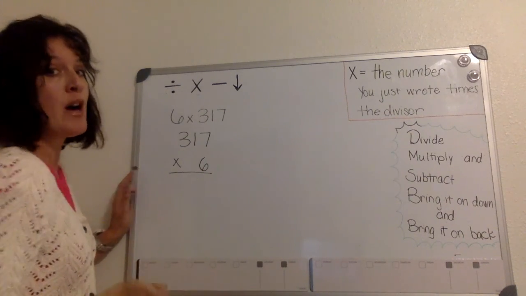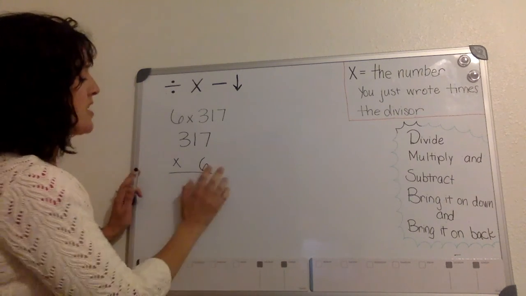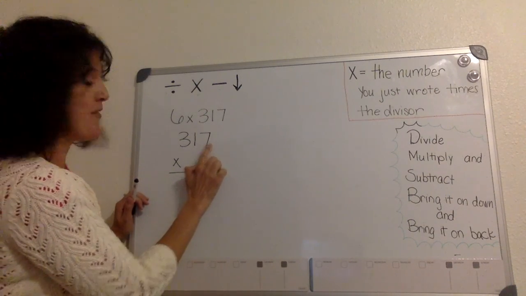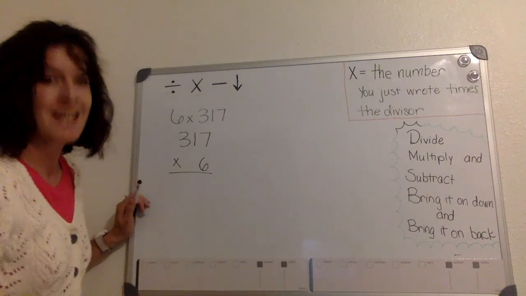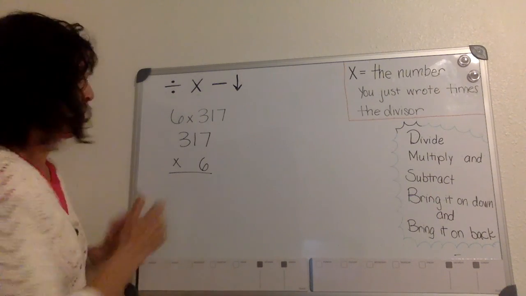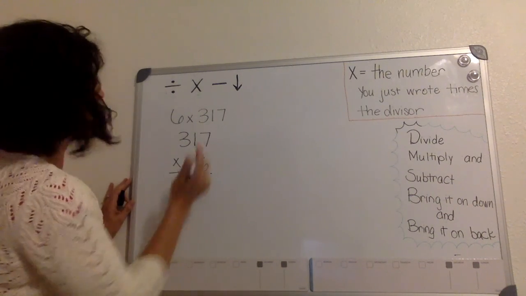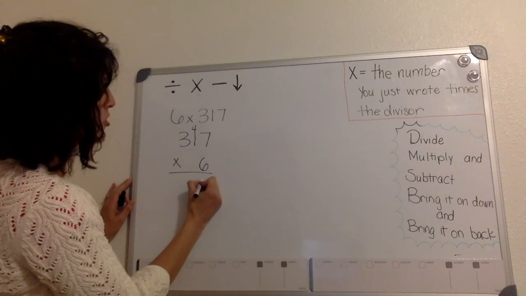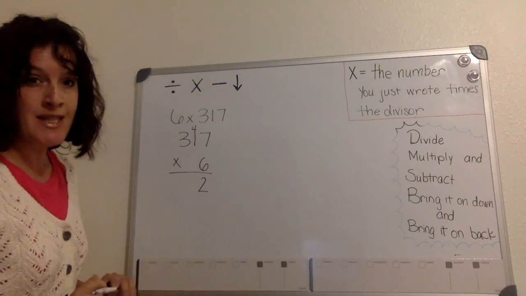And you guys already know how to do this. We're going to start with 6 times the number in the ones column, which is 7. 6 times 7 is 42. We don't have enough space for that 42, so we're going to put our 4 up there and our 2 right down there in the ones column.